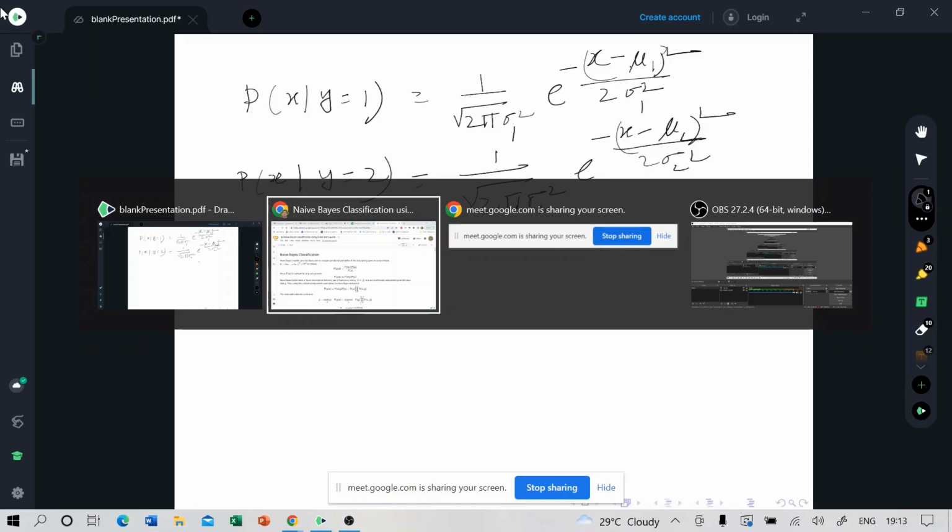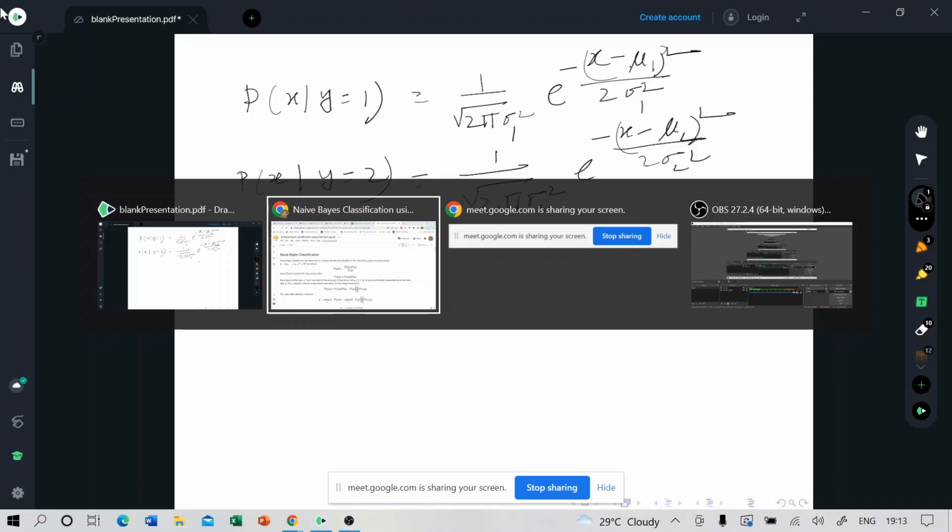Each of them requires two parameters, mu 1y and sigma 1y, similarly mu dy and sigma dy.